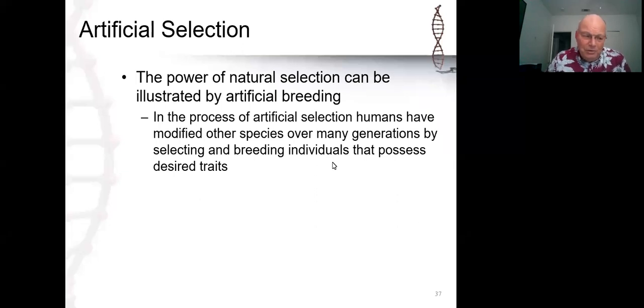But Darwin was heavily influenced by artificial selection, because, as a man of independent means, he was also a farmer. When he came back from the Beagle and eventually got married and settled down with his wife in a house in London, he decided he would like a bigger house, and the only place he could get one was out in the country.